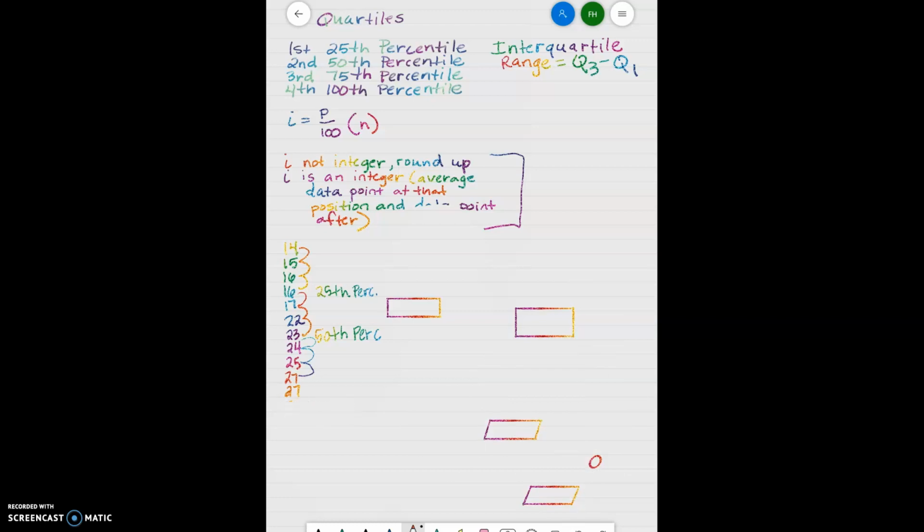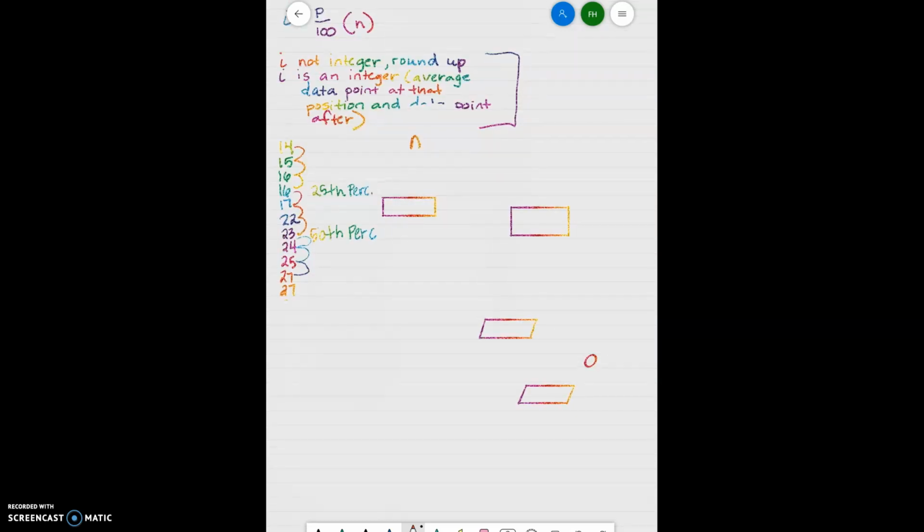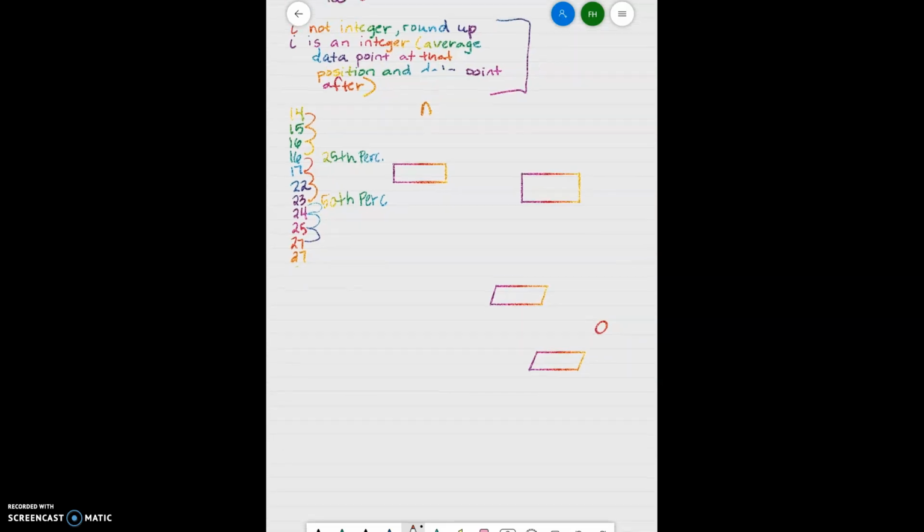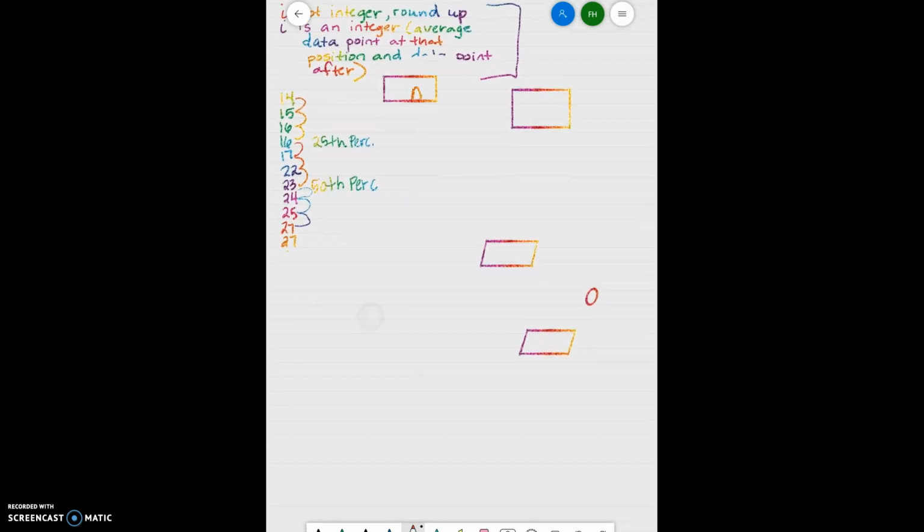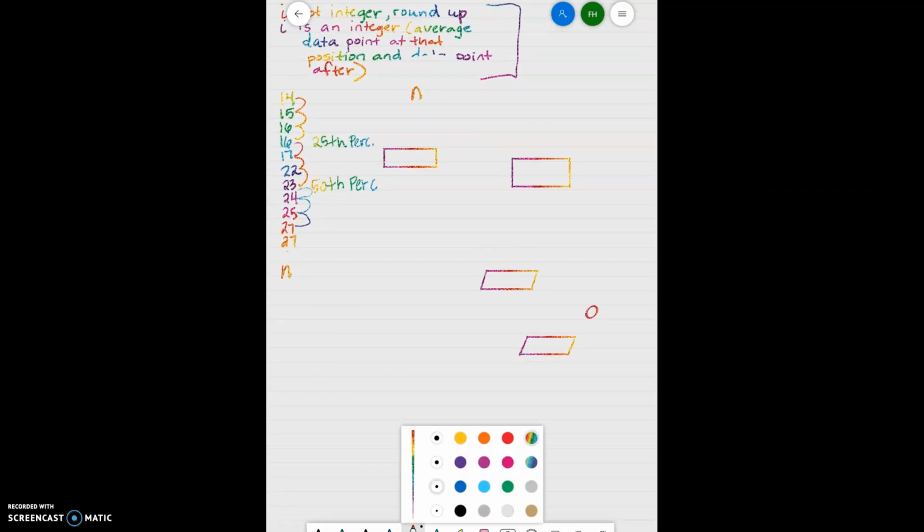So now n is equal to 12. So since n is equal to 12, let me show you what happens.